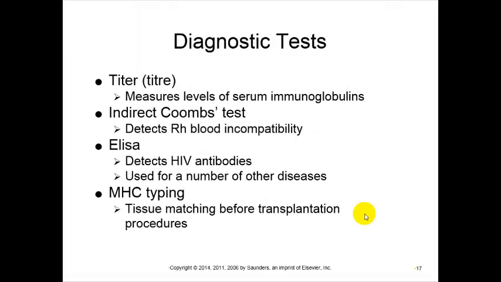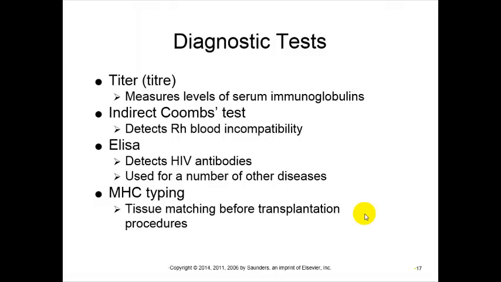The immune system, we can actually test for certain diseases by looking for the antibodies that are produced and what antibodies are in the blood. So by doing a titer, we measure serum immunoglobulins, the antibodies. So we can do a titer to see if the varicella zoster virus has ever affected you, as in chickenpox.